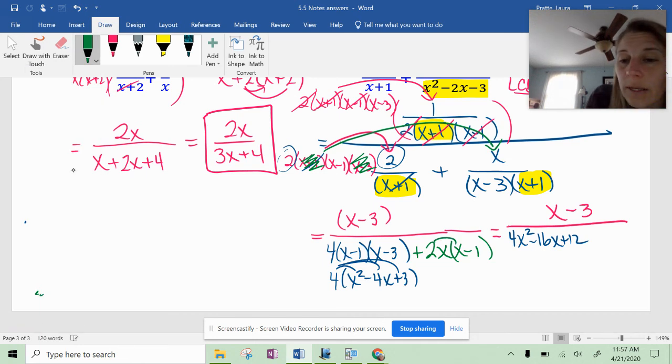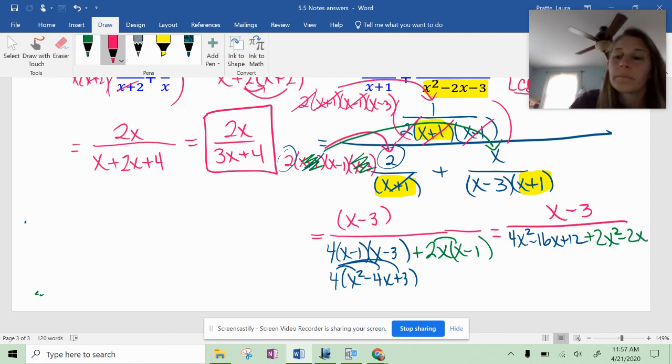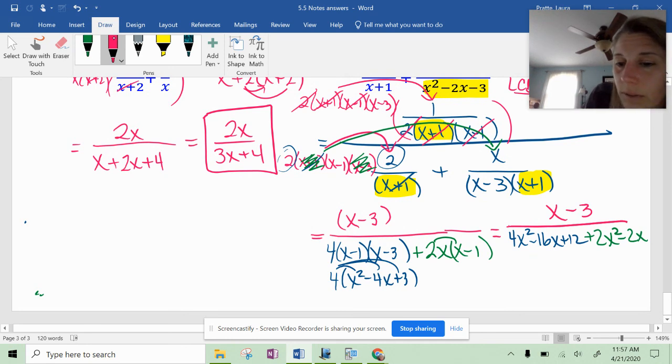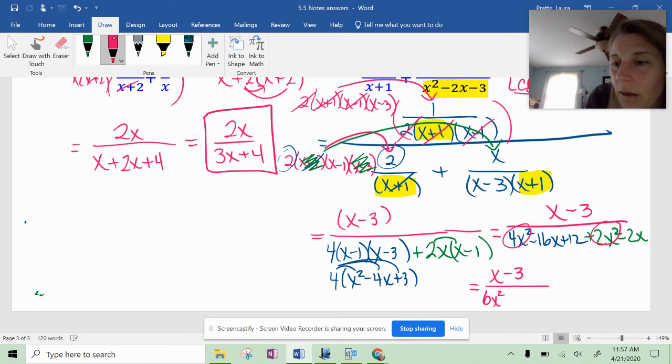Then on this part here, this is going to become plus 2x squared minus 2x. So I'm just going to continue simplifying that. So x minus 3 over, this is going to give me 6x squared minus 18x plus 12.